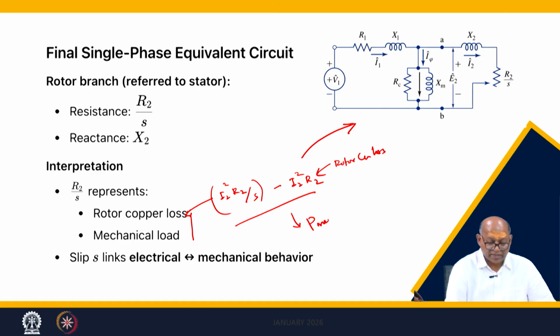This is the P mechanical, the final mechanical power output. This is the total power input, sometimes called air gap power. This power goes from stator to the rotor.